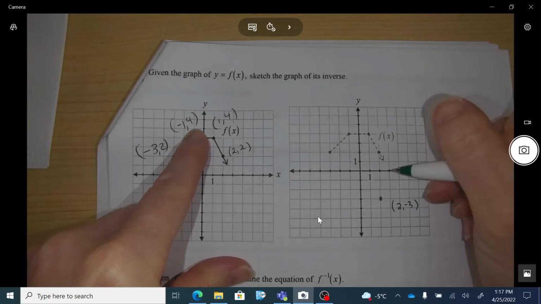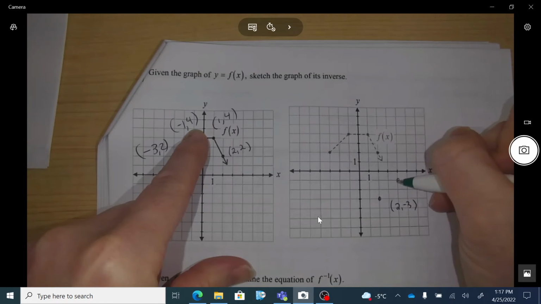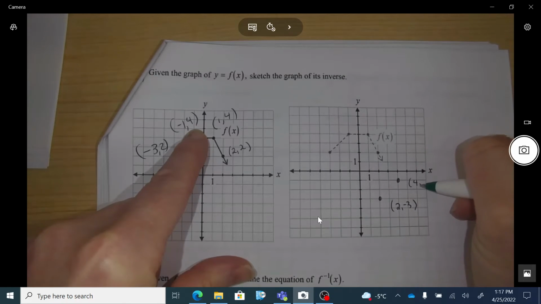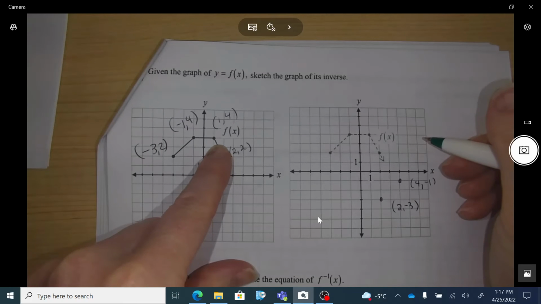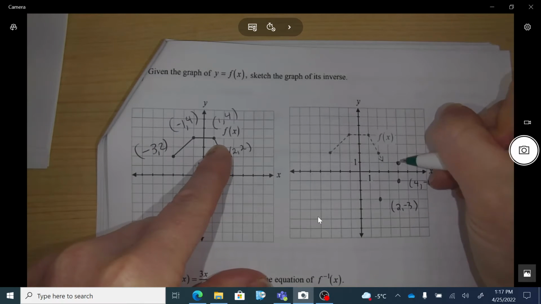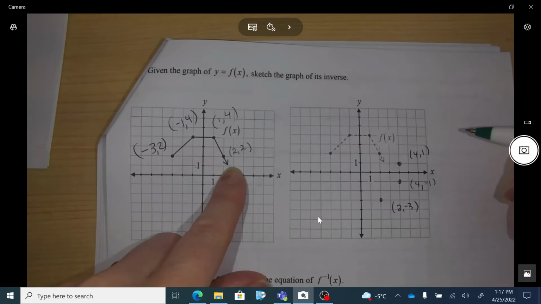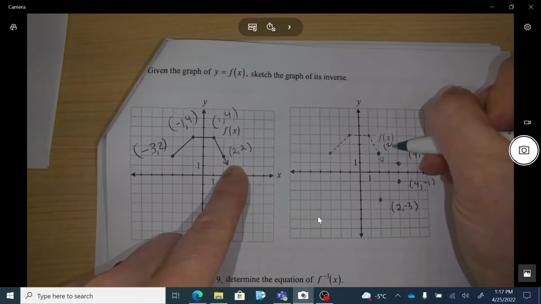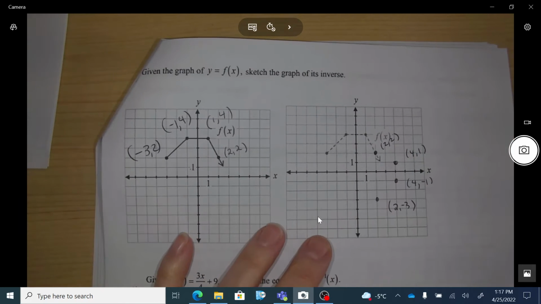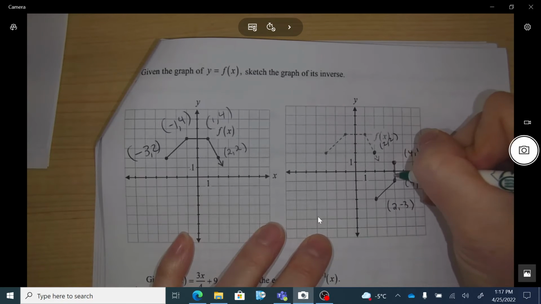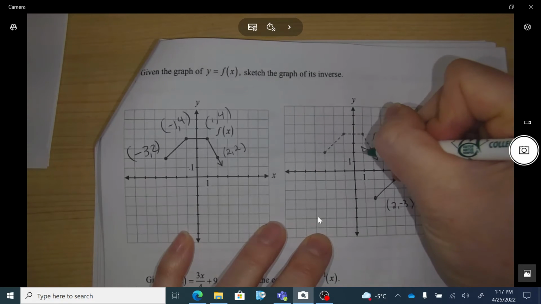I need a 4, -1. I need a 4, 1. And I need a 2, 2. That one will stay. And then I have to think about the connection of these and the direction of the arrow.